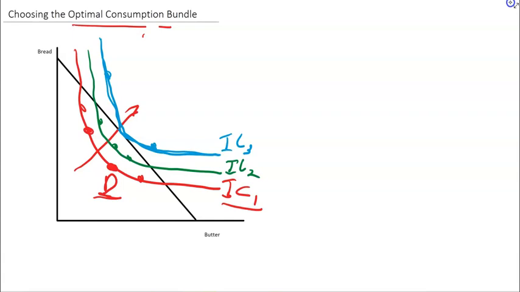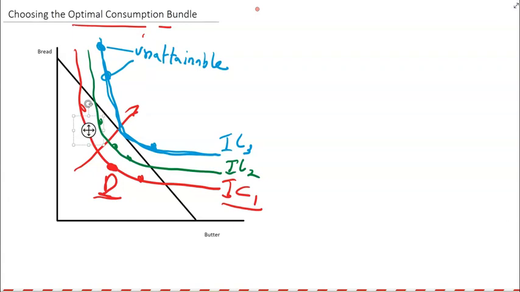Now here we come with the dilemma. The points, let's say, up here, yes, they are better off than the points on IC2 and IC1. But these points are unattainable, and the reason is they are outside of the black budget curve we have just drawn. These points are unattainable because they are unaffordable.